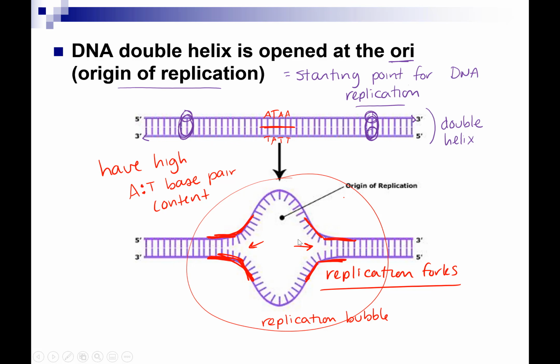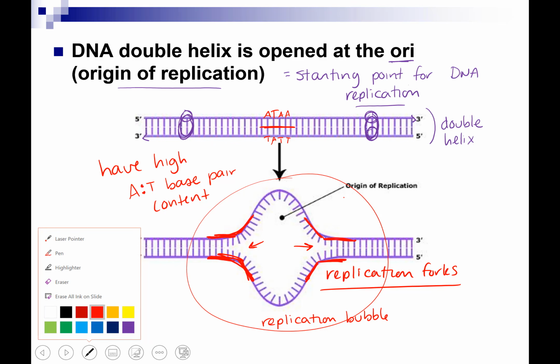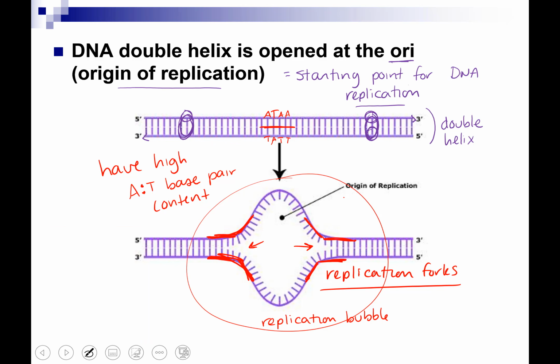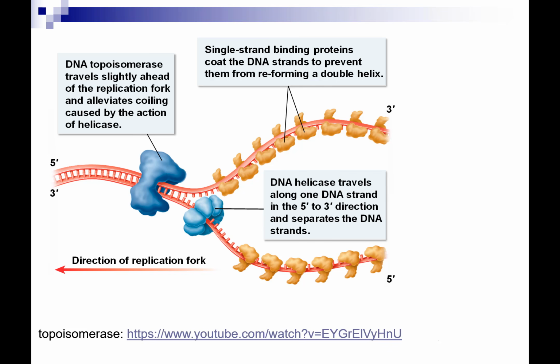So how does this happen? So the protein that binds to the origin that helps start unwinding is called helicase. So let's look at this next slide. All right, so we have this blue protein called helicase.